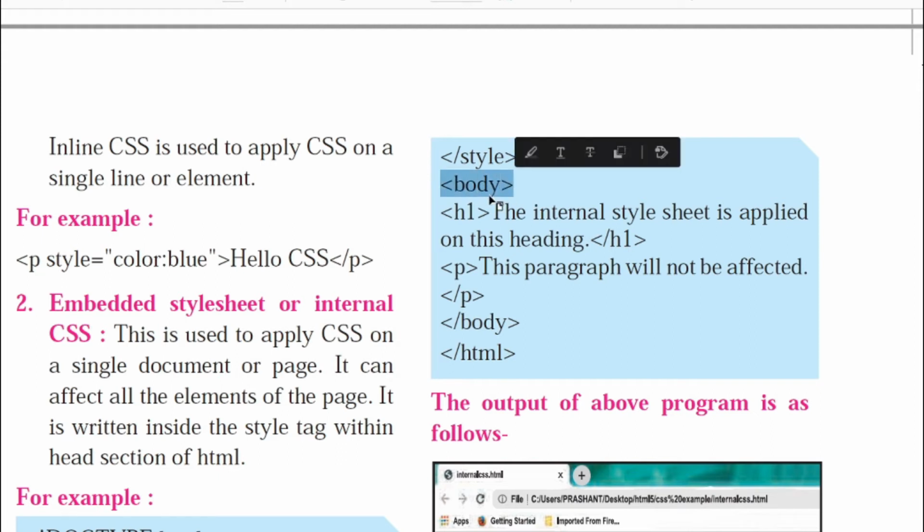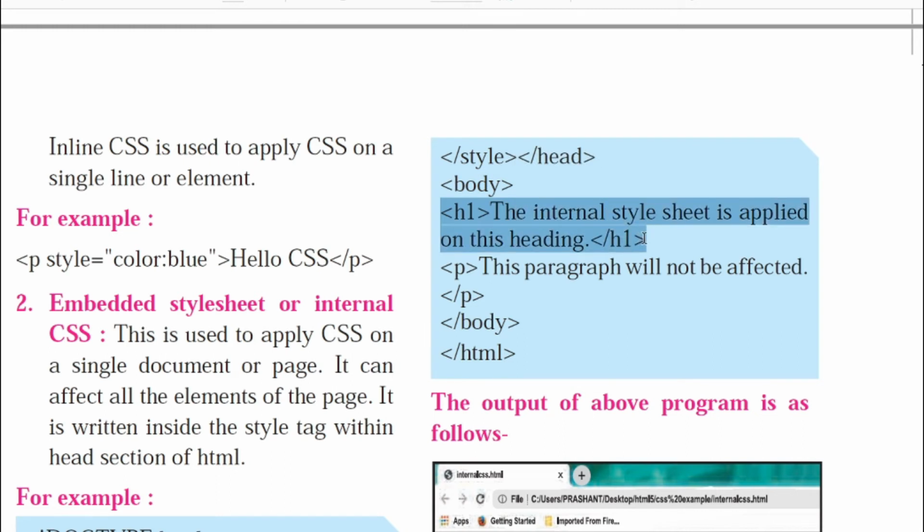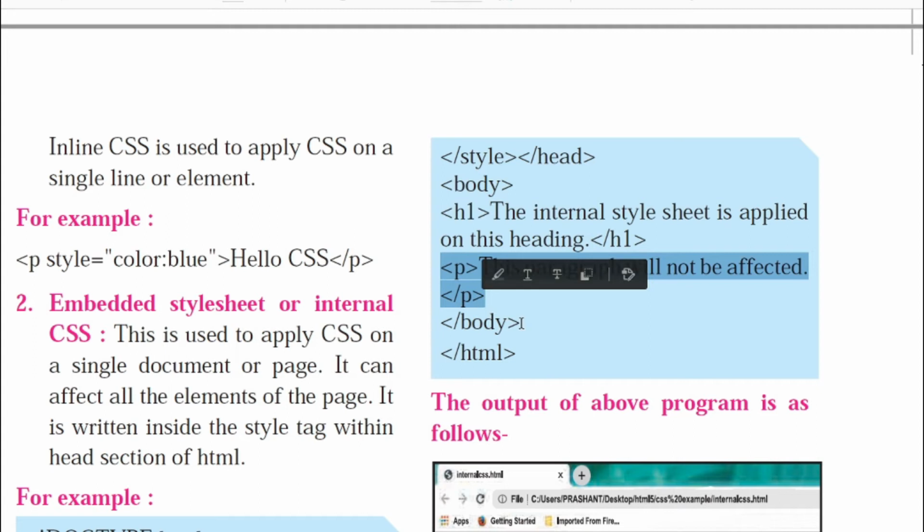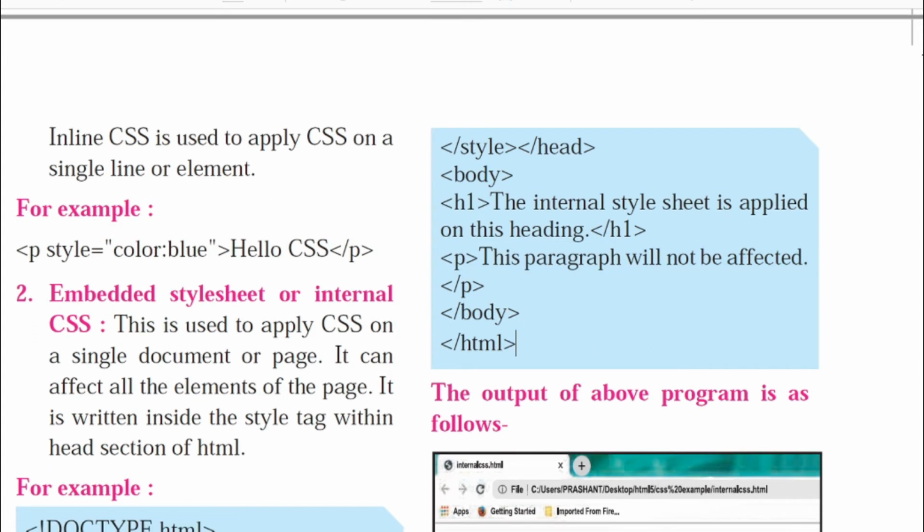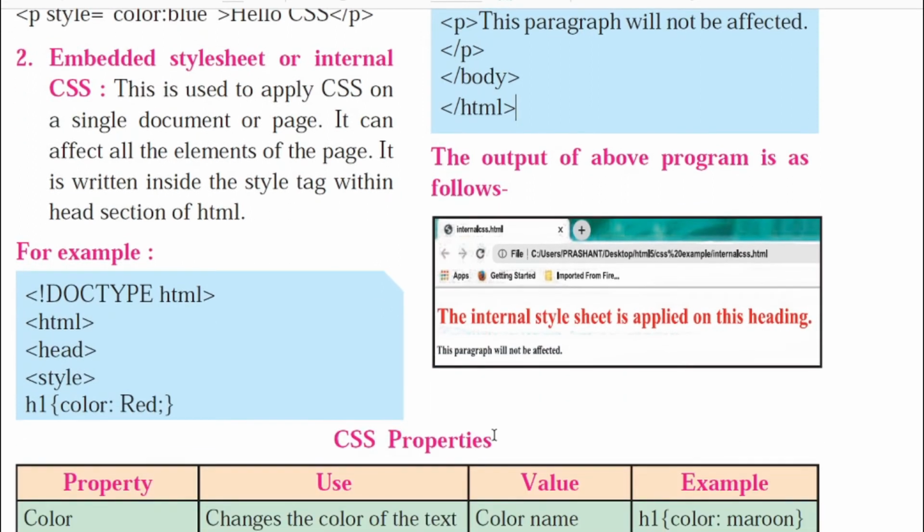The body tag opens, then we provide h1, that is our heading 1, heading closed after putting the heading. P for paragraph is started here, and the paragraph is closed after writing. This paragraph will not be affected. Body close, HTML close. When we save this file and execute it on the browser, we will get an output something similar to this.